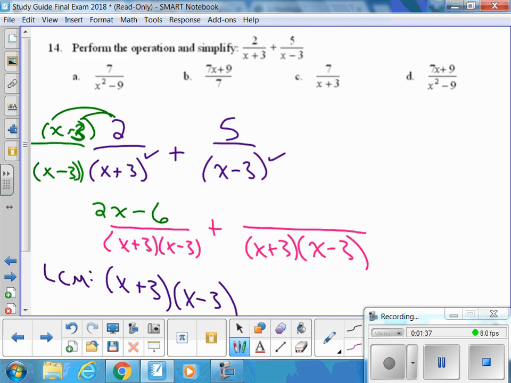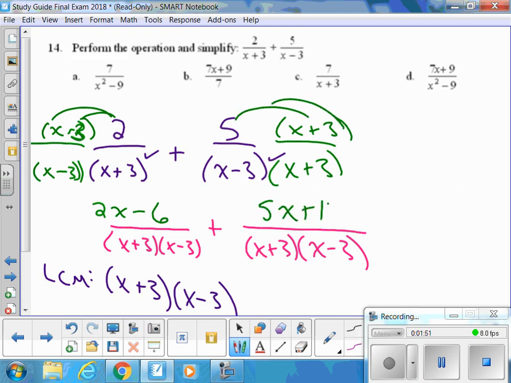Now the second fraction: if my old denominator was x minus 3 and my new denominator's x plus 3 times x minus 3, I add x plus 3 to it, and my 5 can distribute. Pretty much, yep, because you need your denominator to look like this, so you need the opposite added in.